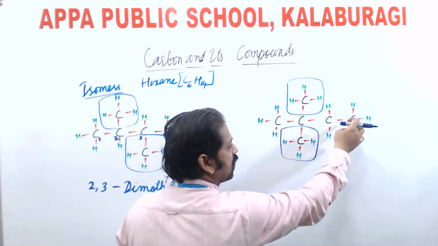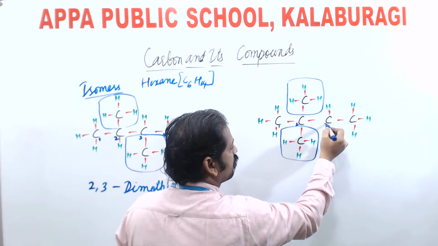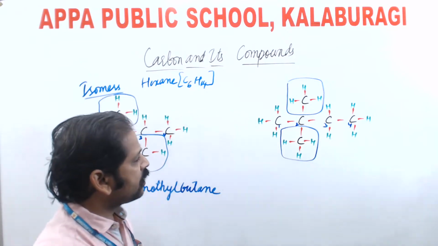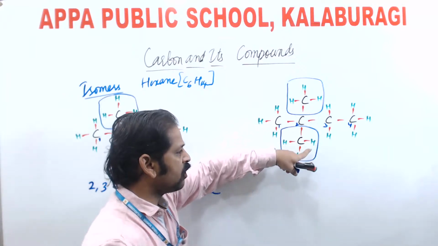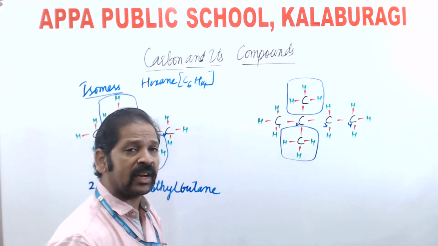It is not near to this carbon, because this is first carbon, second carbon, third carbon, and fourth carbon. These two carbons, these functional groups are at the position of second carbon only. Both are second carbon only.